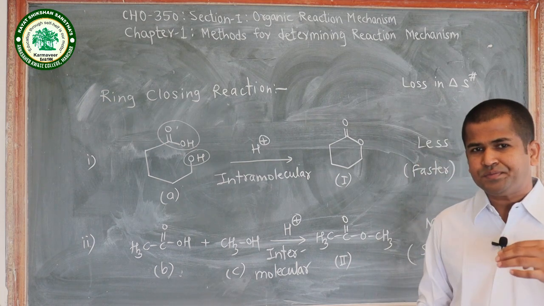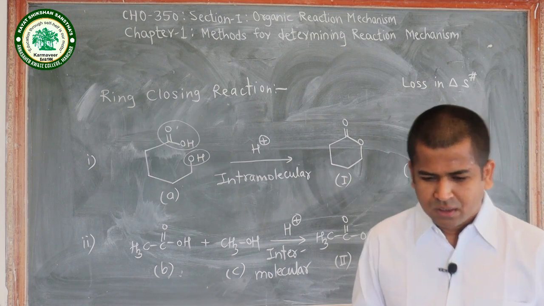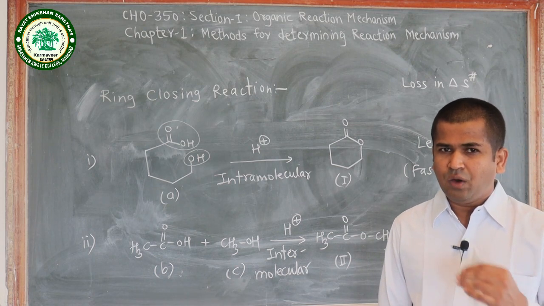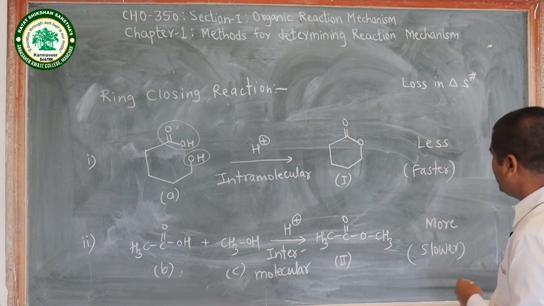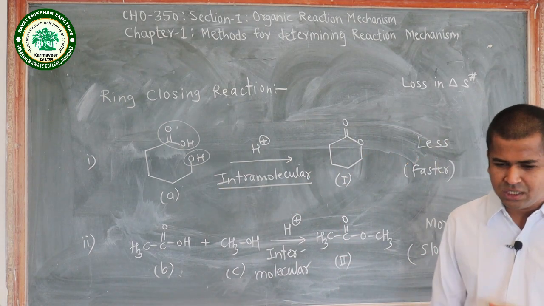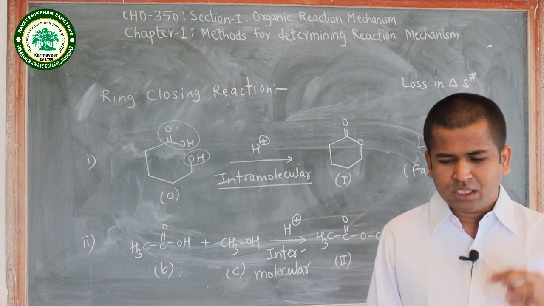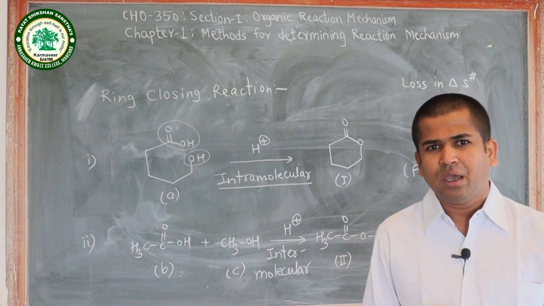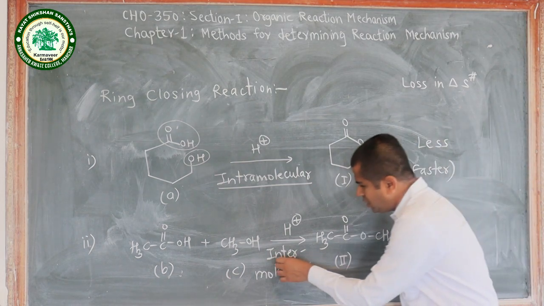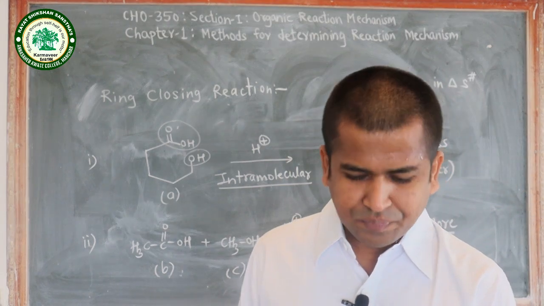Okay, before going to the next example, we conclude that for intramolecular reactions, the loss in entropy of activation is less, and the loss in entropy of activation is more in intermolecular reactions. Okay, now we go for the next example.